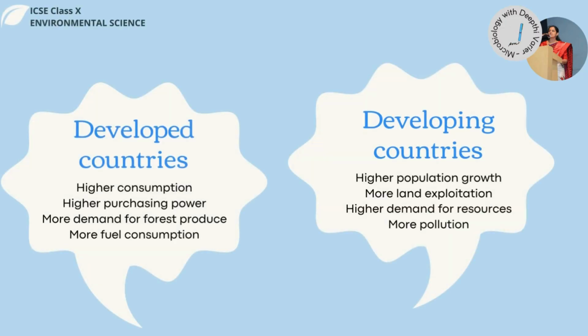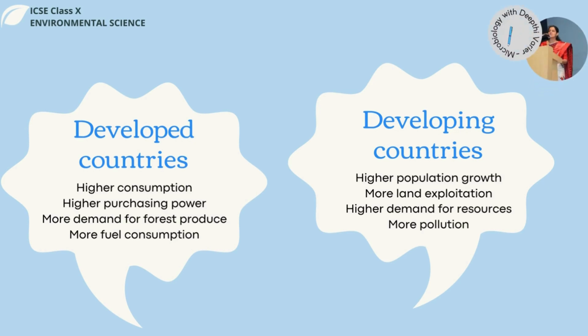Now when we see the developing countries and the developed countries, there is a continuous divide on environmental issues and on development. There's a big demarcation between the developed countries and the developing countries. Developed countries have more consumption.